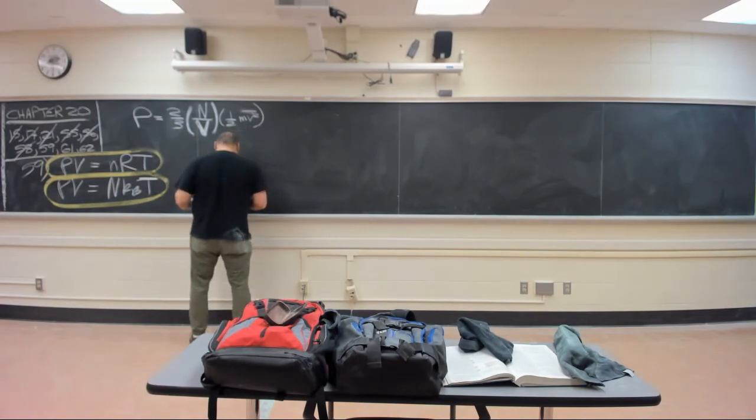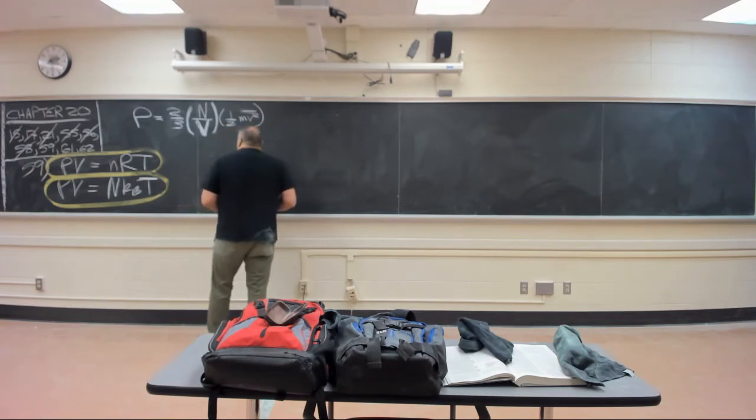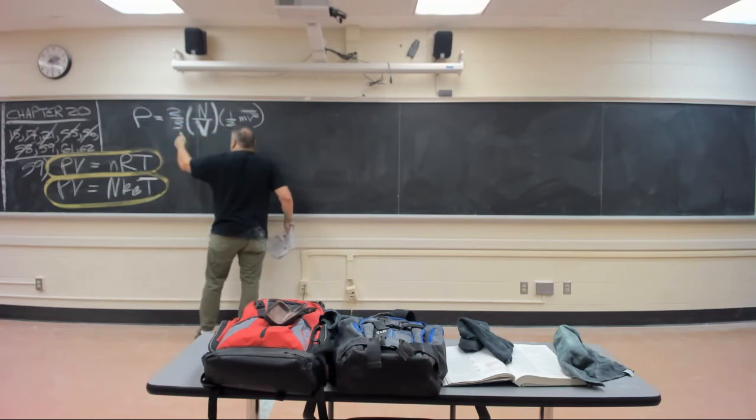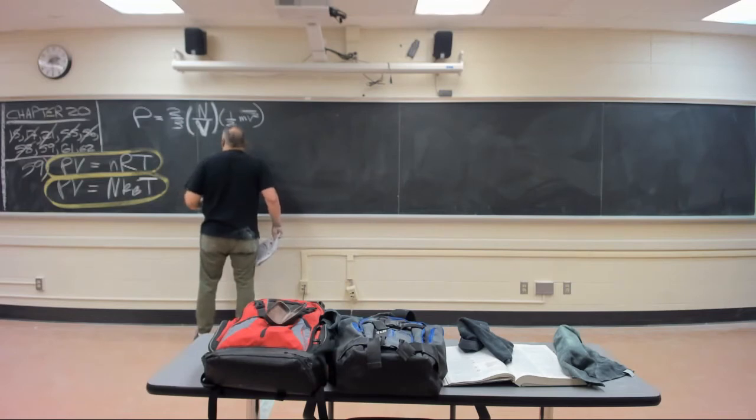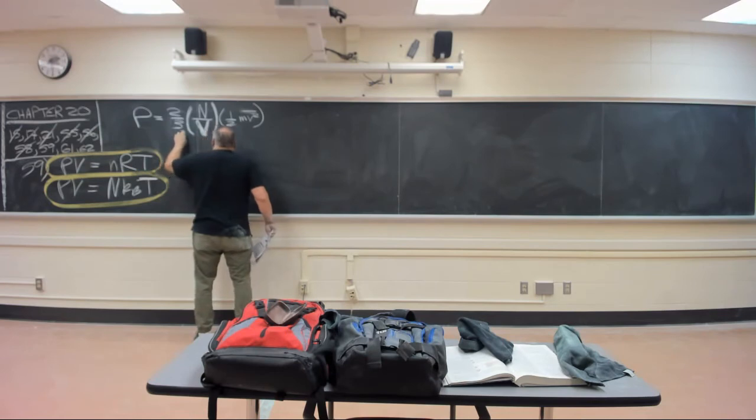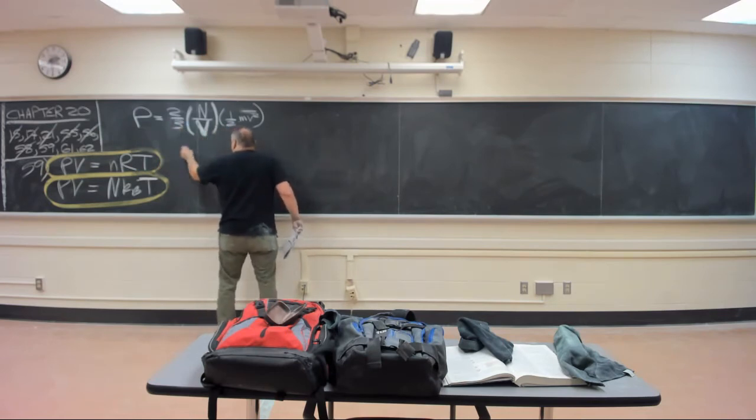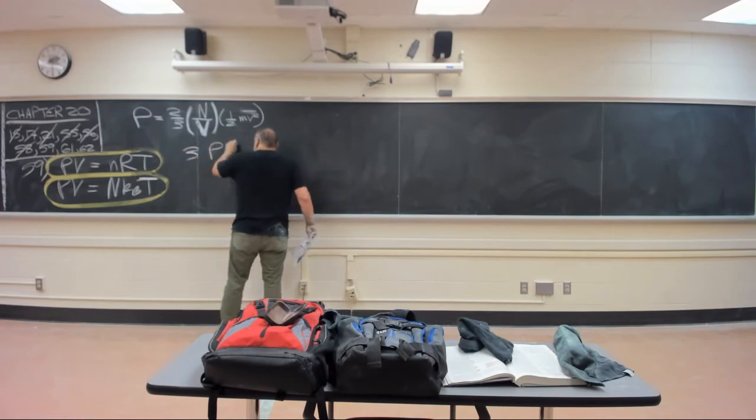I might even go against some of what I had already said. A half times 2/3 is a third. Let me multiply by 3 on each side. Let me multiply by v on each side.